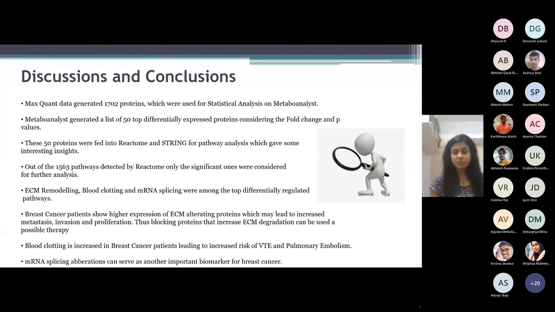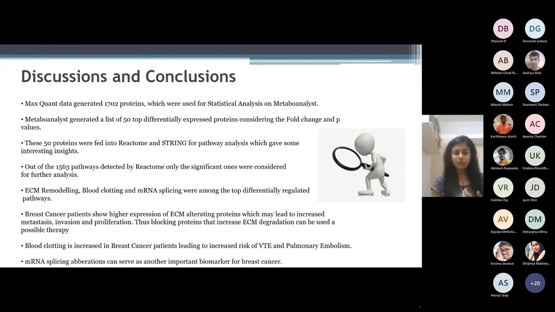From the analysis, it was clearly shown that in breast cancer patients, there is an increase in expression of ECM altering proteins, which can lead to increase in metastasis, invasion, and proliferation, which is in line with previously published literature, and thus blocking proteins which can increase ECM degradation, leading to an increase in invasion and metastasis, can be used as a possible therapy.